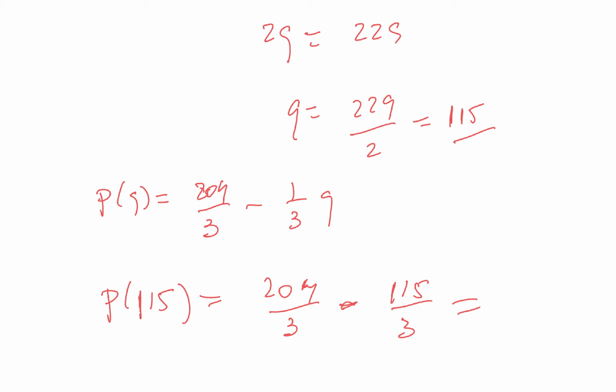This is the price you have to sell at to maximize the profit. When you maximize the profit, the quantity that you are selling is the one we found.